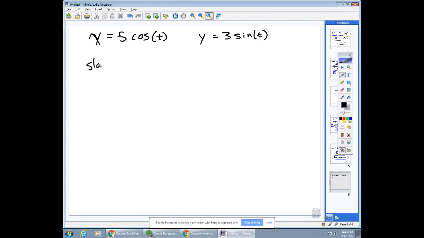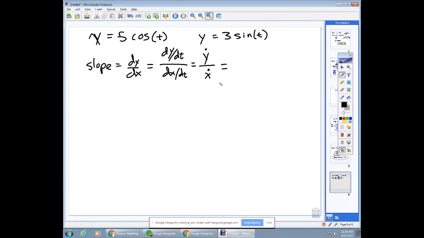Slope is dy dx, which parametrically means dy dt over dx dt. Shorthand notation of that is a y with a dot on top over x with a dot on top. Often you see the derivative with respect to time as a dot.